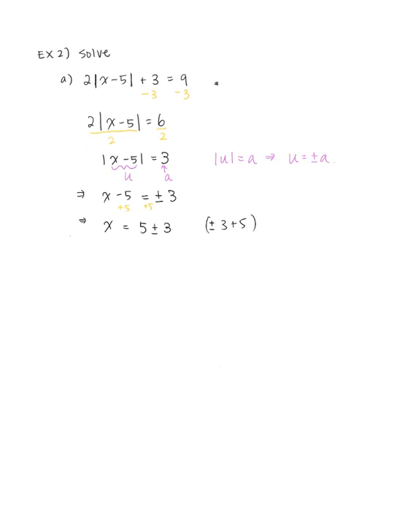But anyway, let me just go with this. So here you're going to have x equals either 5 plus 3 or 5 minus 3. So 5 plus 3 is 8, and 5 minus 3 is 2.